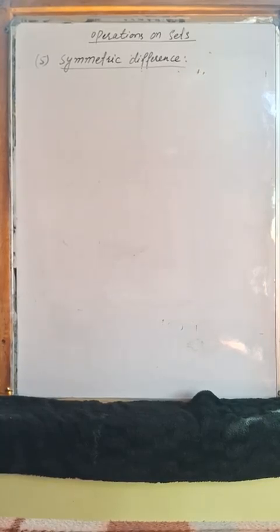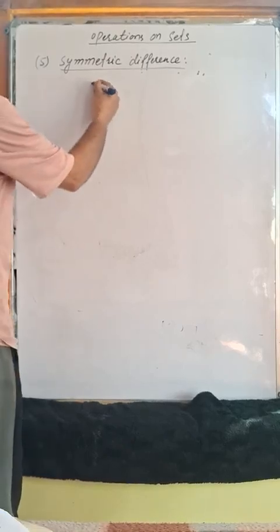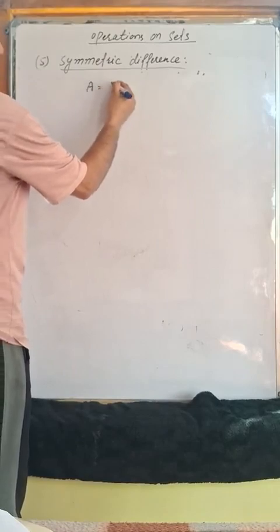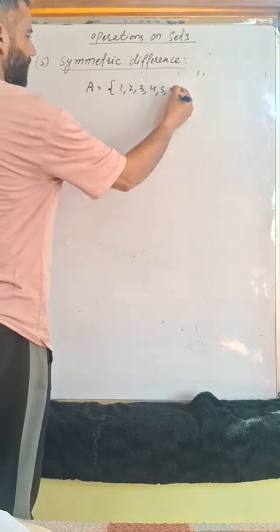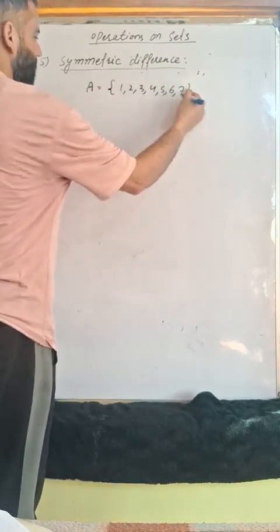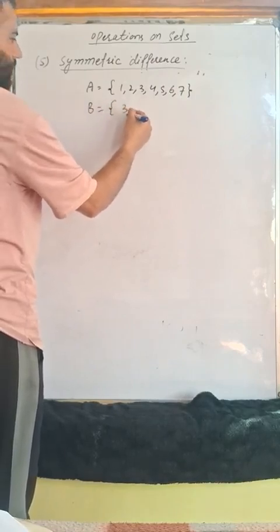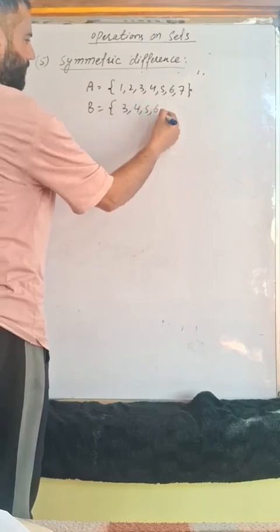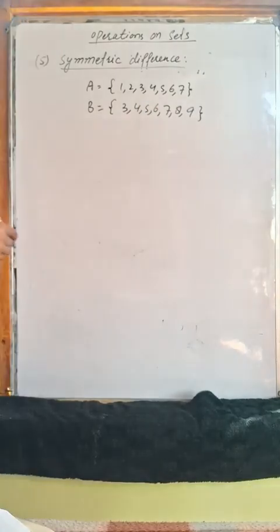Let us take a simple example. If A is equal to 1, 2, 3, 4, 5, 6 and 7, B is equal to 3, 4, 5, 6, 7, 8, 9.